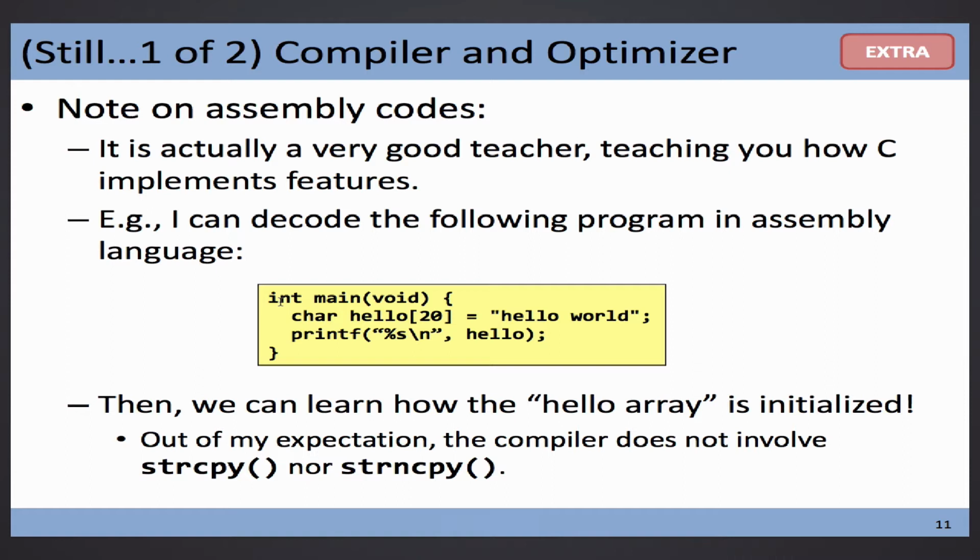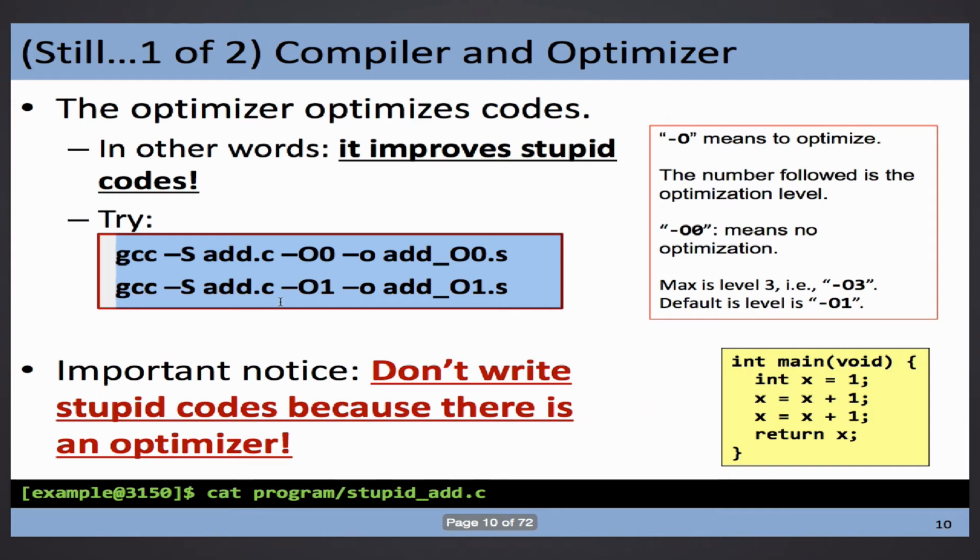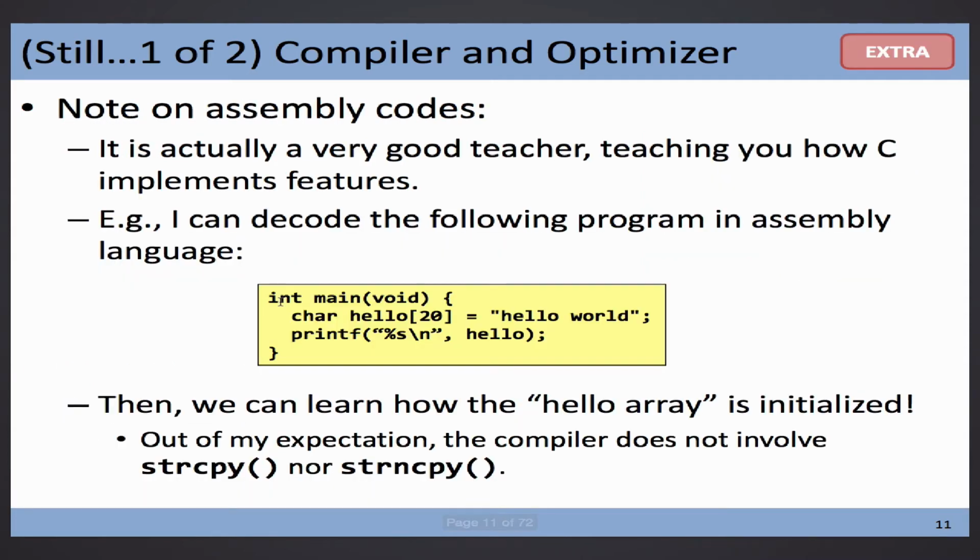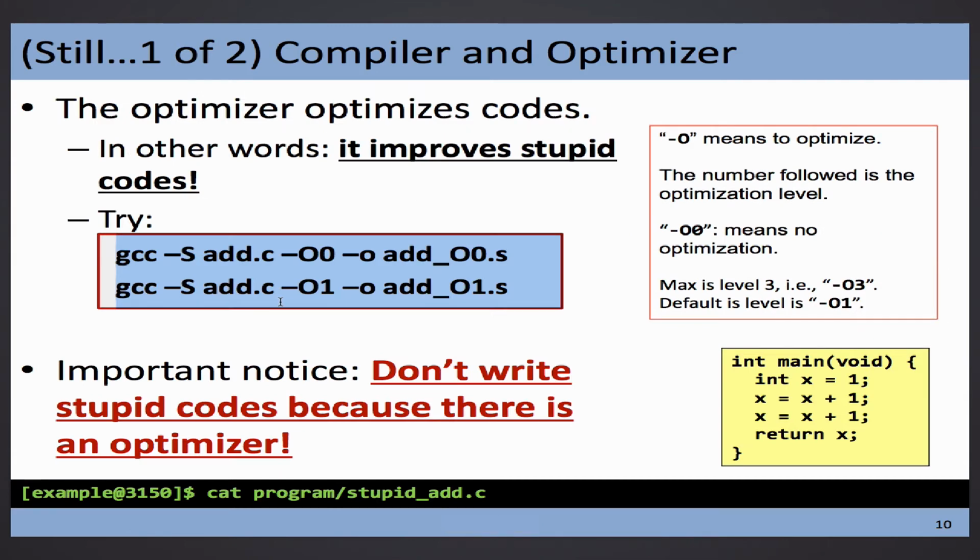And you can try at home to decompile it. Decompile means using my example command here. You can replace the C code with the previous code here, and try to look at the assembly code to see what it is actually doing, okay?